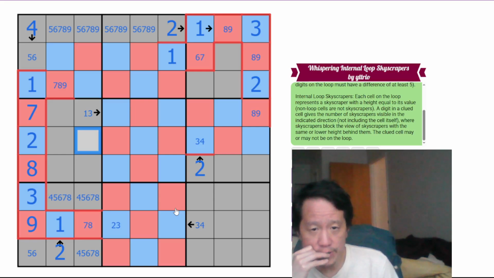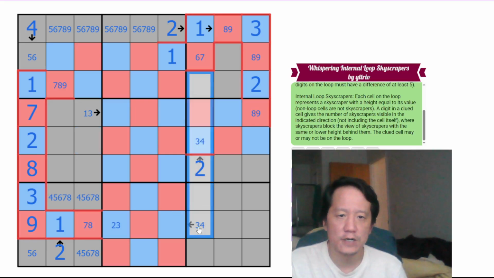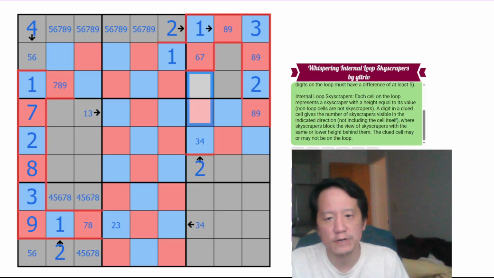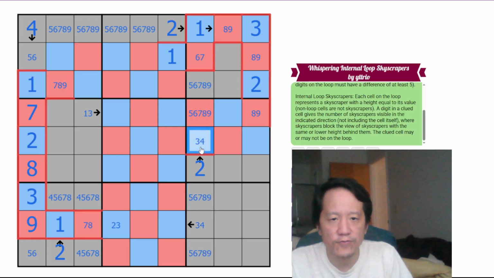What else could it be? Remaining digits in column 7 are 5 through 9, because we have a 3-4 pair in 1 and 2 already taken. So this can't be 7 here.